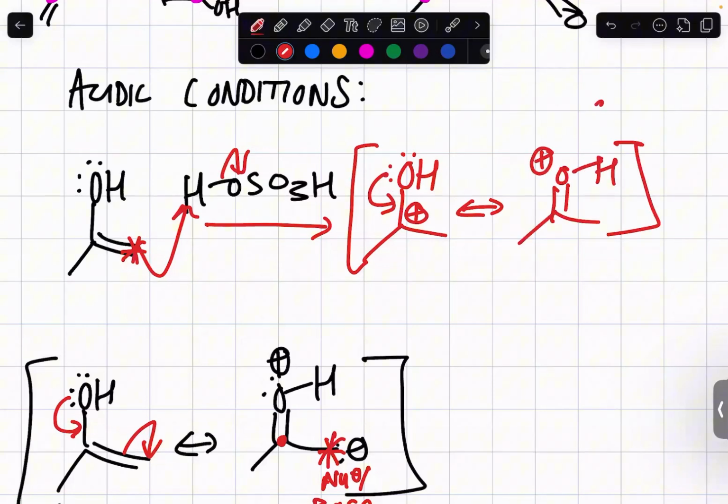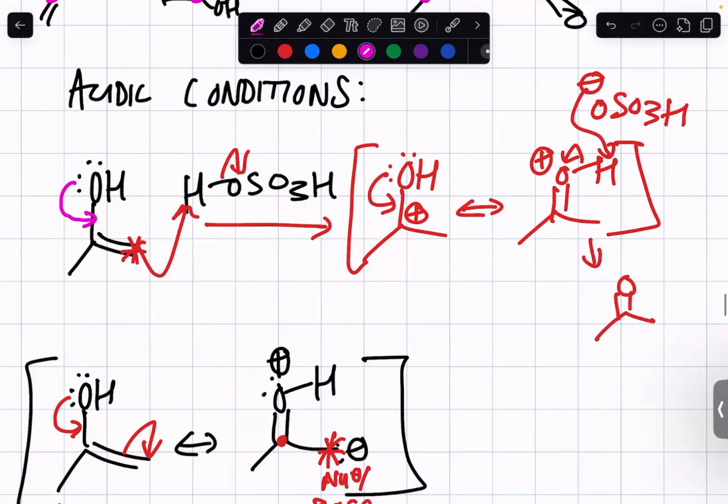And then from here, you could just deprotonate that positively charged oxygen with the HSO4 minus that we formed earlier to get the neutral carbonyl, right? But a quicker way to get to this point is to form a carbon double bond oxygen bond right there. And we know that that's going to break the octet rule, so we know that there's going to be a negative charge here, which is going to attack that hydrogen and go directly to that point right away for the mechanism.